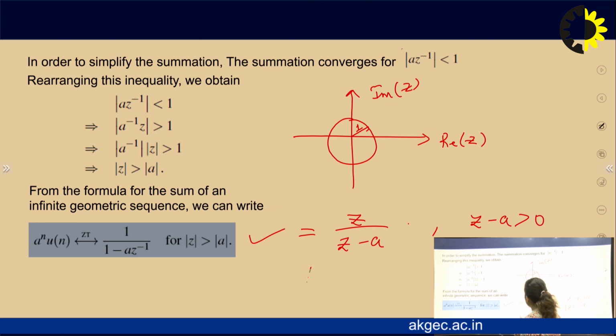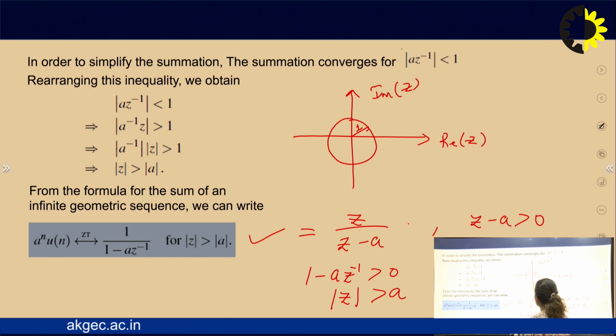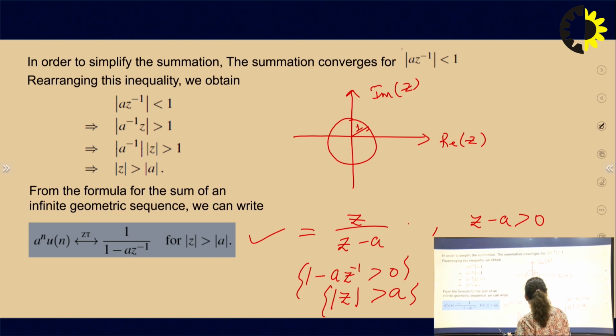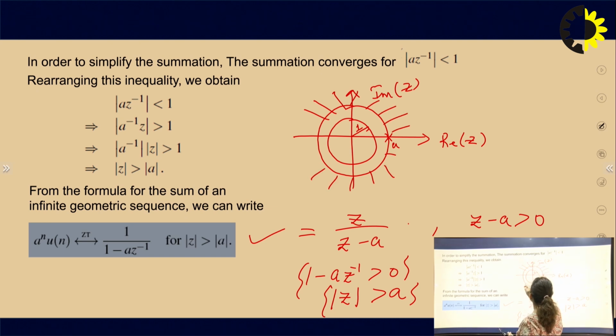Or you can solve 1 minus a z inverse greater than 0, and from this also you can find that mod z is greater than a. So by both ways you can calculate the ROC of the z transform. Here there is another circle which has a radius of a. So suppose this has a radius of a. This is the pole at a, and the ROC is this part, that is mod of z greater than a.